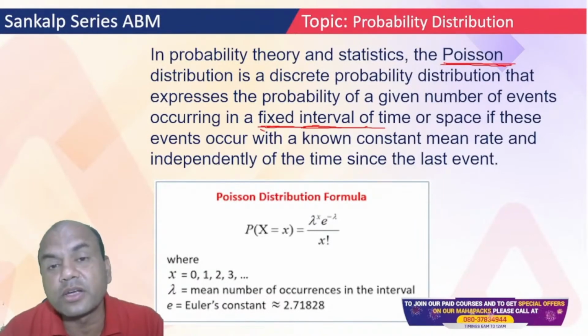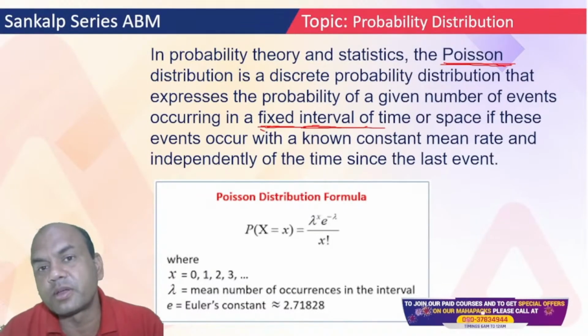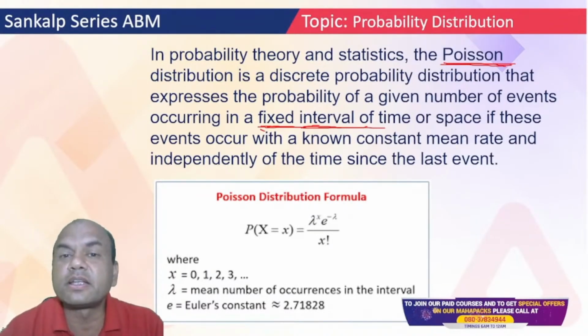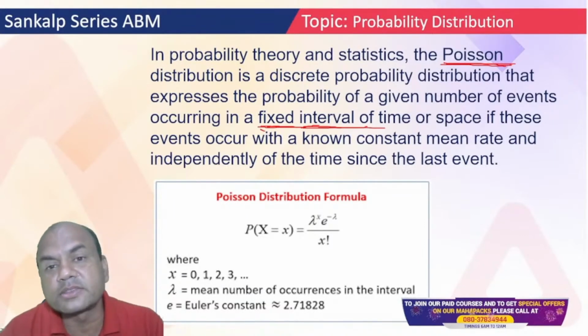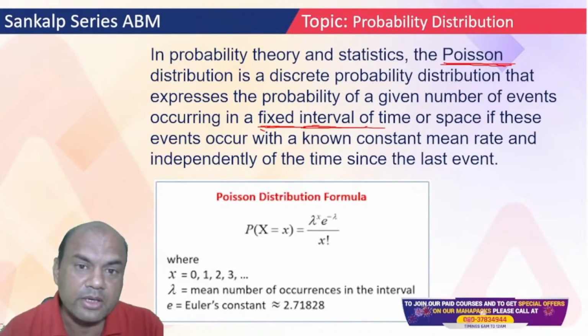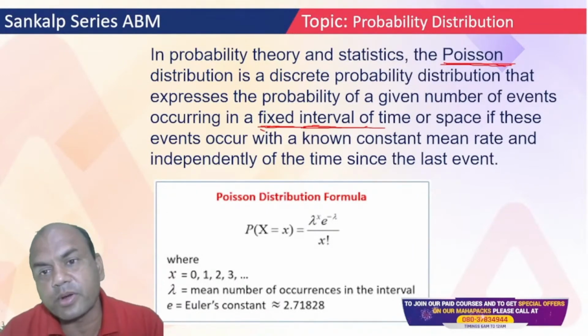So this is a constant phenomenon. Poisson will always look for this constant phenomenon. For example, electricity in a city or in an area, every day 3 hours electricity is not there. So this is a constant phenomenon. When you get such problems, you understand that it's a Poisson problem.